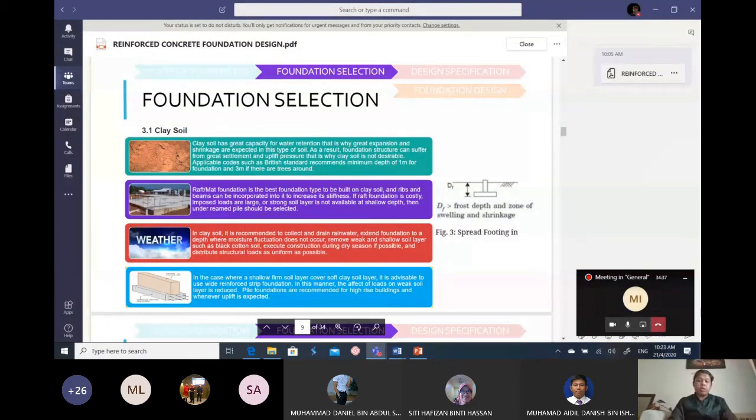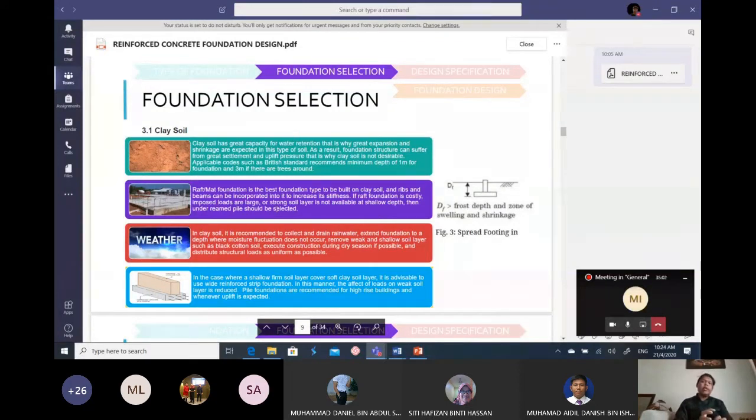If raft foundation is costly, imposed loads are large, so it will increase the imposed load. If a strong soil layer is not available at shallow foundation depth, then under-reamed piles should be selected. So in order for us to know the types of foundation, we have to study the geographical behavior of that area also.